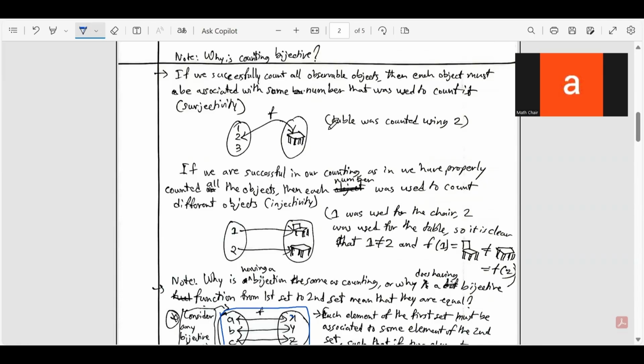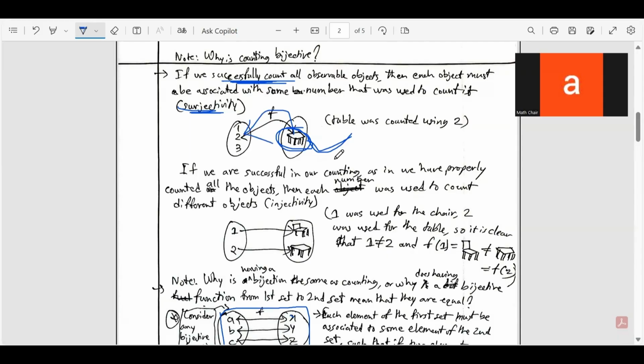And to see this more explicitly, counting will, of course, satisfy surjectivity, because for each element in the second set, given that we have counted successfully, it means I must have counted the table, right? Consider any element from the second set. If I have successfully counted, this element in the second set must be related to someone in the first set.